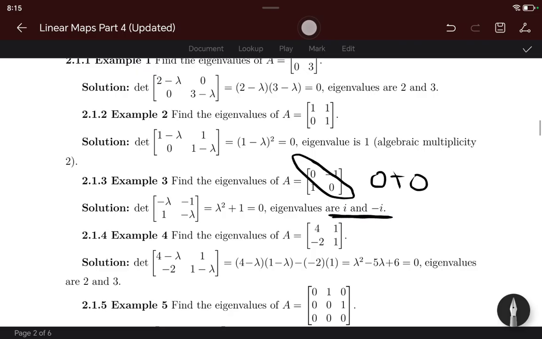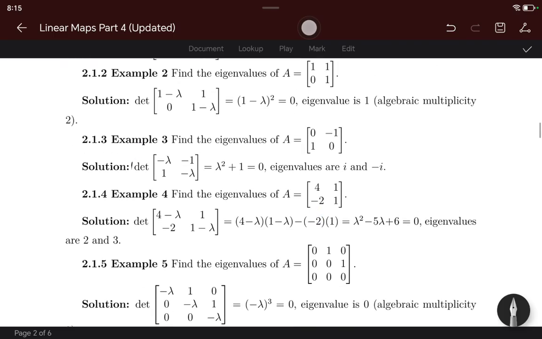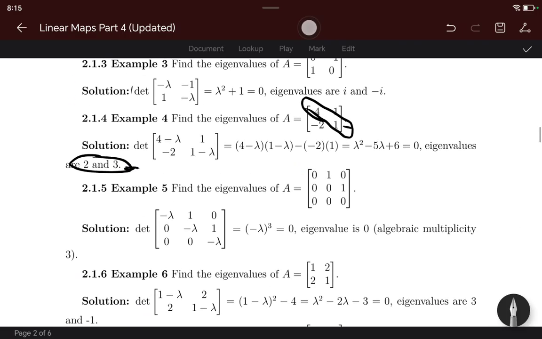We got i and minus i. I've never tried whether this is really true for all matrices, but if you check this, 4 plus 1, 2 plus 3 is 5. The trace is 5 and this is 5. And then here, the trace is 0. The eigenvalue sum is 0.